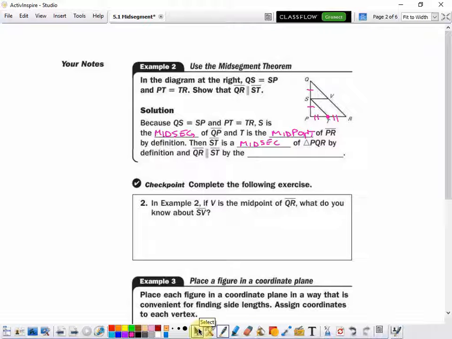Got to go back here. That shouldn't have been a midsegment, that should have been a midpoint. Okay, so S is a midpoint and T is a midpoint, which makes ST a midsegment by definition of a midsegment. And a midsegment is always parallel to its opposite side, based on what we saw on page 1, the midsegment theorem.